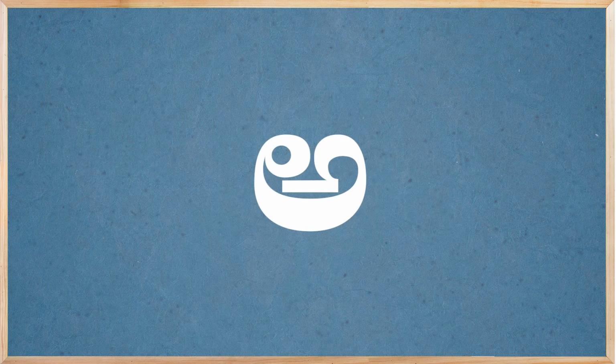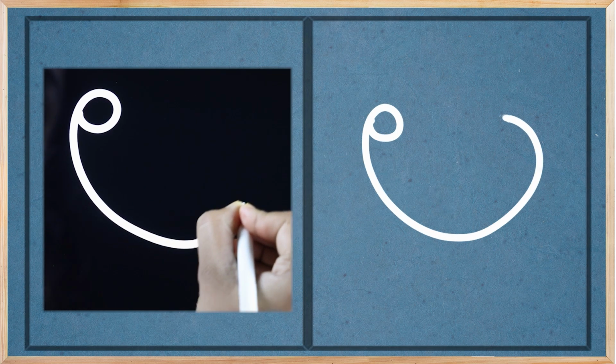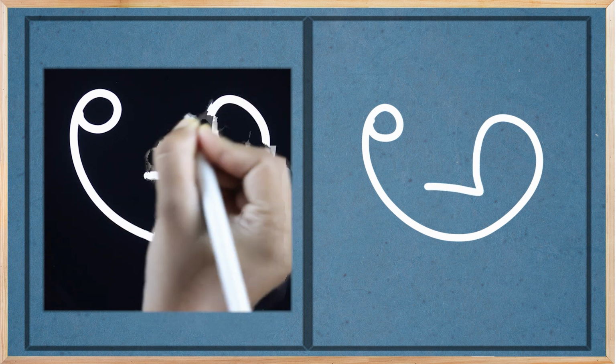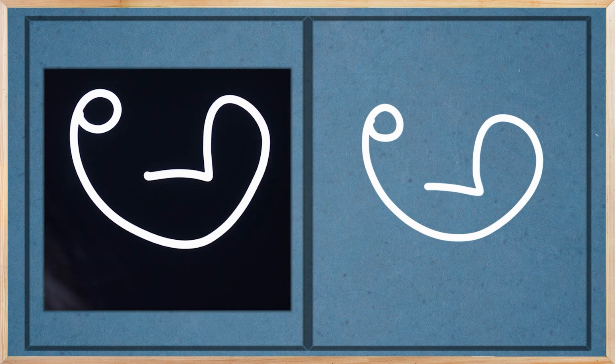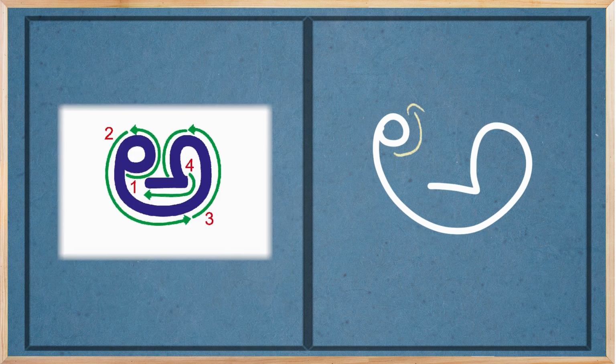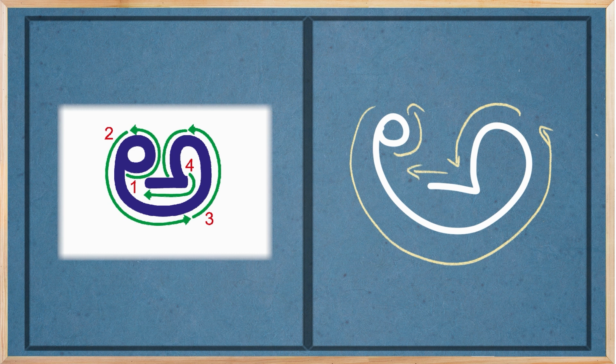Next, A. Start with the letter La, elongate the curve inward and complete it in continuous stroke. This letter is the Kannada equivalent of A in Devanagari.